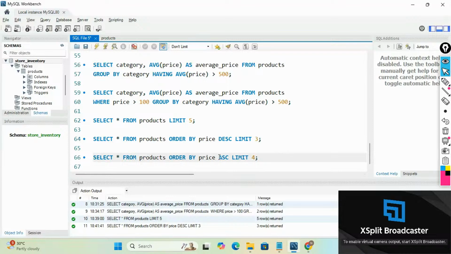What is the order of execution? The order of execution is first order by followed by limit. Can I have limit at this position? No. You are violating the syntax. It does not accept. So this will give us the basic or the small price products, the top 4.